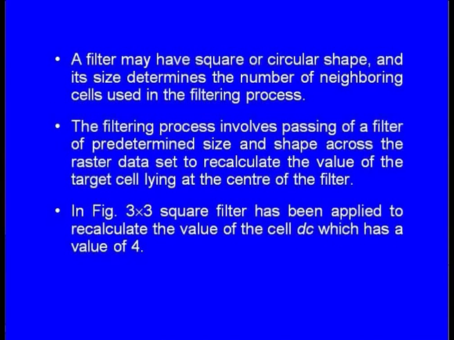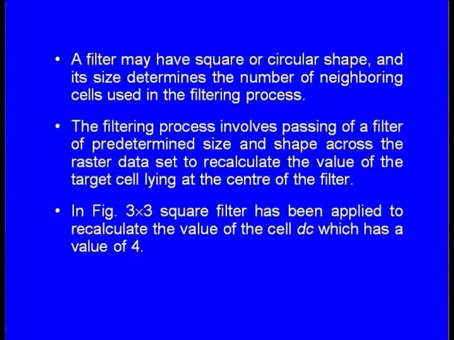A filter may be square or circular in shape, and its size determines the number of neighboring cells used in the filtering process. The filtering process involves passing a filter of predetermined size and shape across the raster data set to recalculate the values of the target cell lying at the center of the filter.